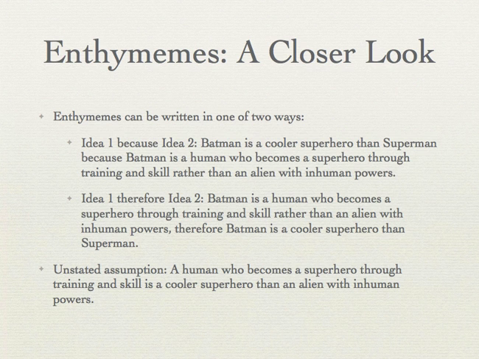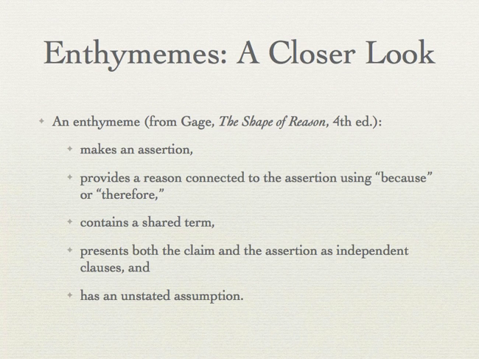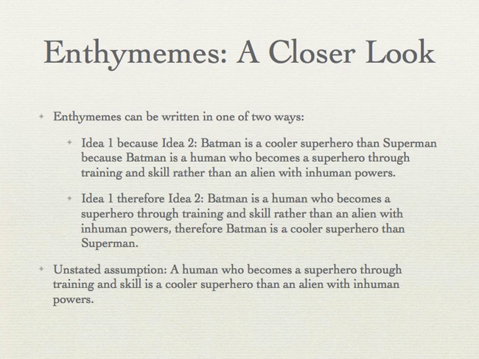So in both of those, we do have an assertion, and that assertion is connected to its reason using because or therefore. And there must be a shared term to make an enthymeme an enthymeme. A shared term is a term that both the claim and the reason share. So if we take a look at the first one, Batman is a cooler superhero than Superman because Batman is a human who becomes a superhero through training and skill rather than an alien with inhuman powers.